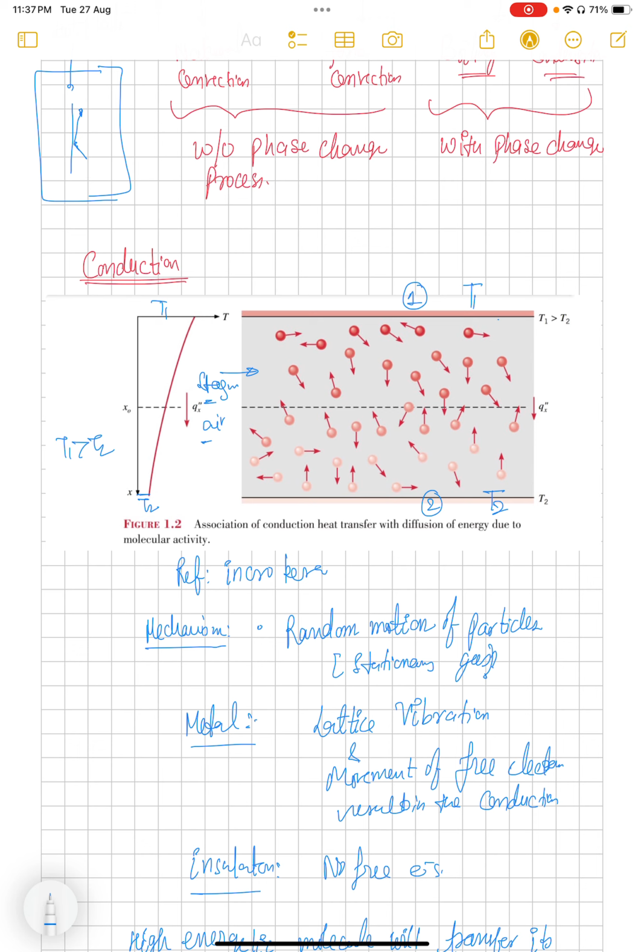The molecules of the air near the hot surface will have higher energy, and the molecules farther from the hot plate will have less energy. They are represented by color: light red is for molecules which have less energy, and dark red is for high energy. So high energetic molecules will transfer their energy to the less energetic molecules.